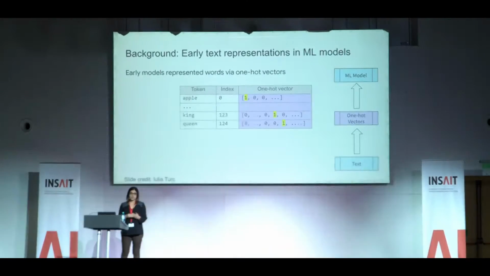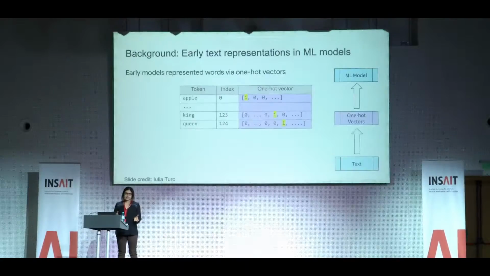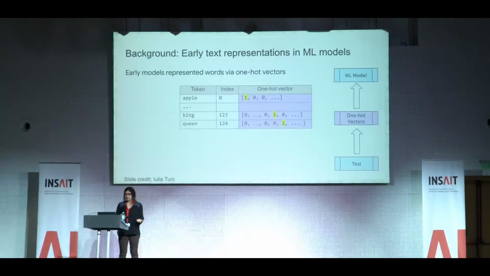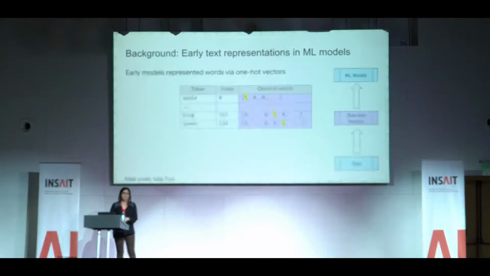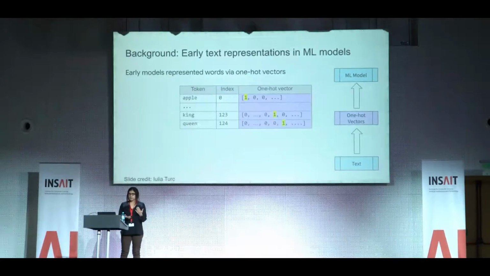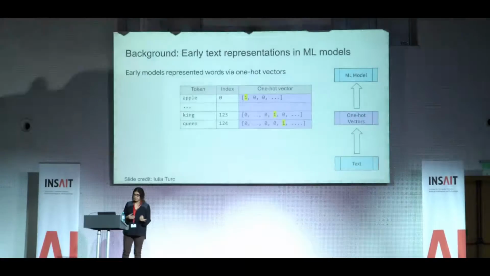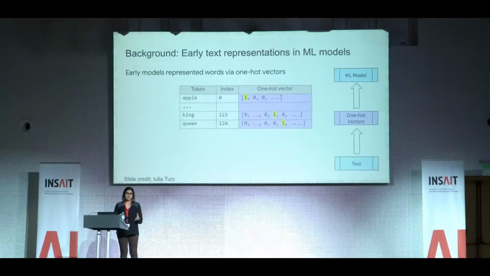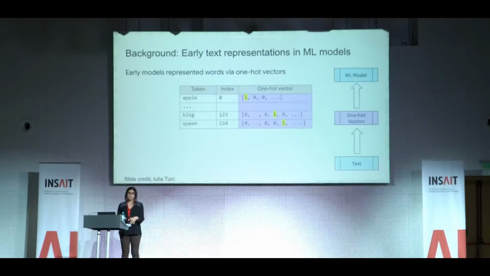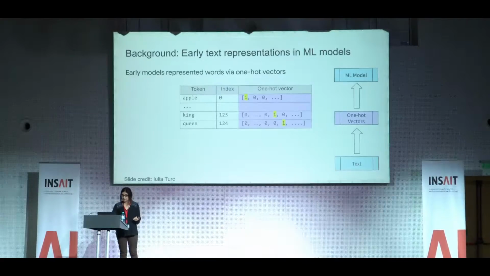Using this representation tells the model that any two words have the same similarity, which is 0. And the model doesn't know, for example, that king is more similar to queen than to apple, and has to learn everything about the task from a small training set.